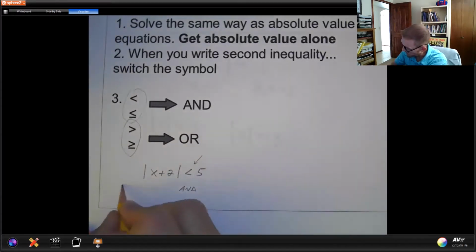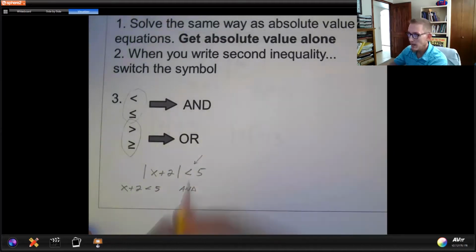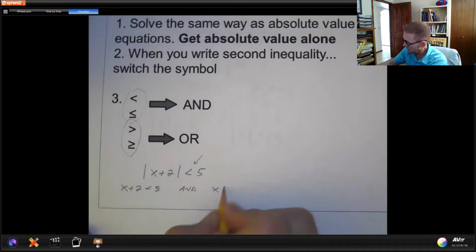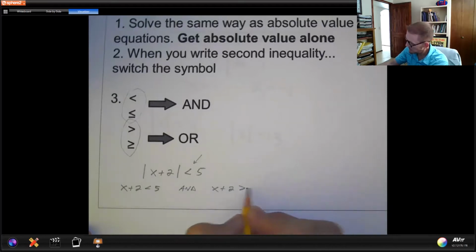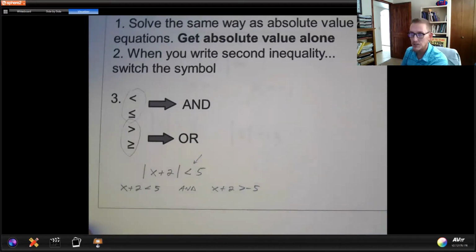So let's make my two inequalities. x plus 2 is less than 5. And the second one, x plus 2, remember to switch the inequality when I make the second problem and also change the sign. So this is an AND. Now I'm just going to solve both sides.